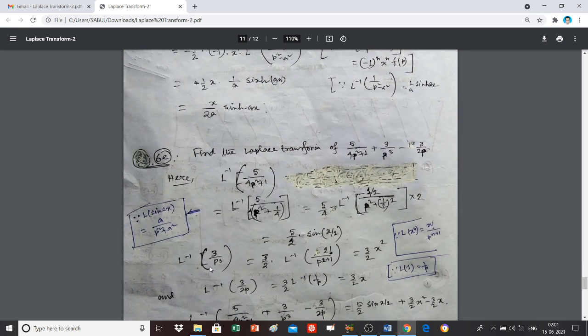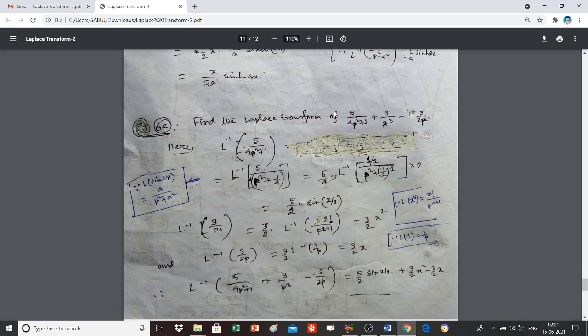Now the next problem is: find the inverse Laplace transform of 5 by (4p square plus 1), then 3 by p cube, minus 3 by 2p. Here I am just finding the Laplace inverse transform of the term 5 by (4p square plus 1).